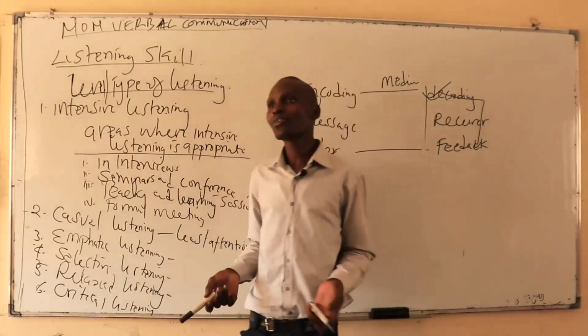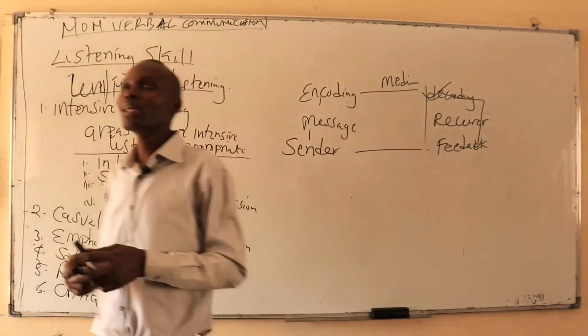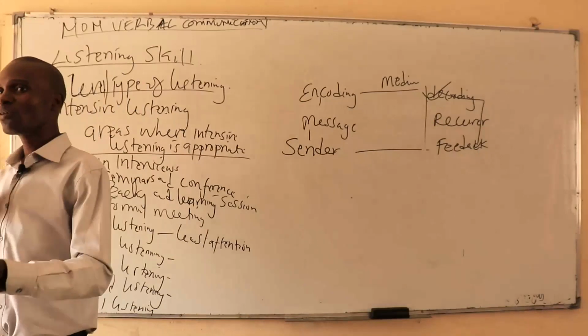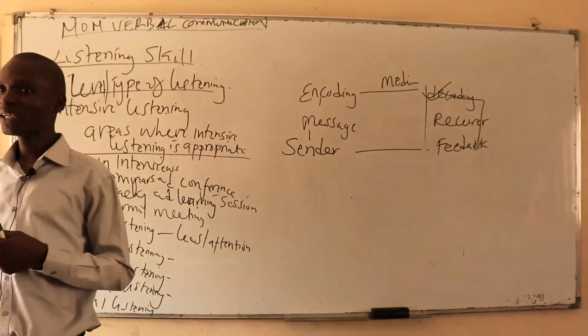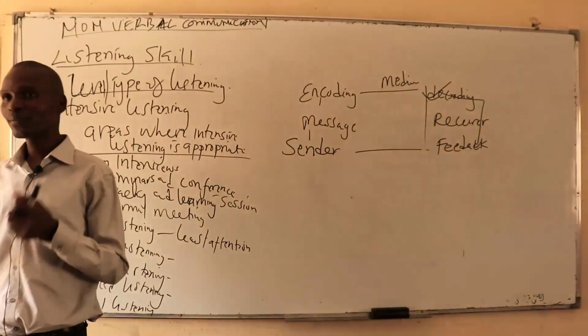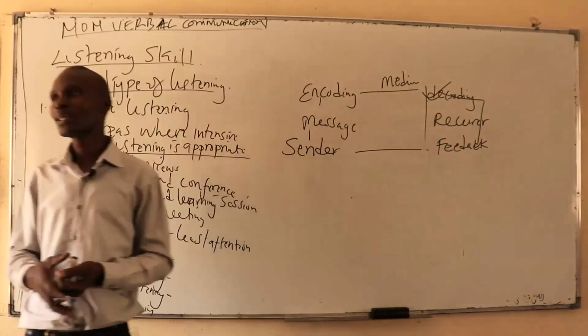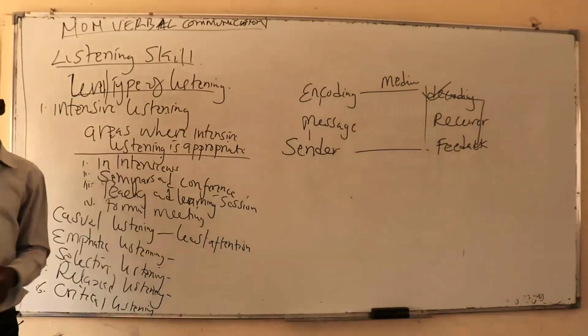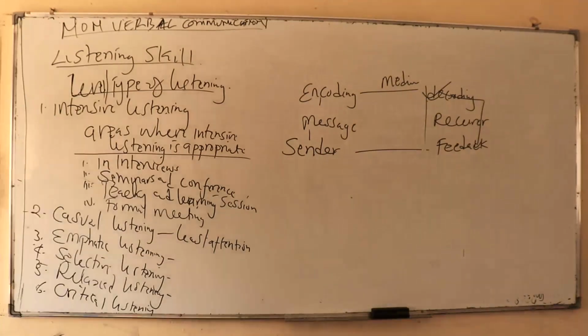His aim is not to hear what is there, but to analyze: is this point really strong or is it weak? He analyzes and then he gives the judgment. So those are the six types of listening we have in communication.